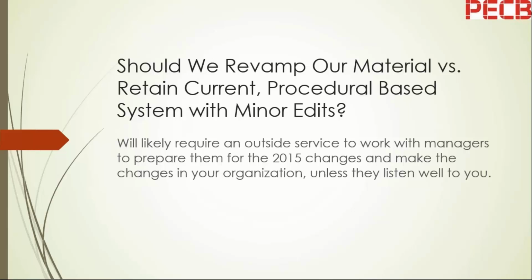So now I'm coming to section 2 of this presentation, but it doesn't take long to finish up what we're going to be talking about. Should we revamp our material versus retain the current? So many systems that I am auditing today to the 2008 standard are still written to the 1994 requirements where there were 20 documented procedures.